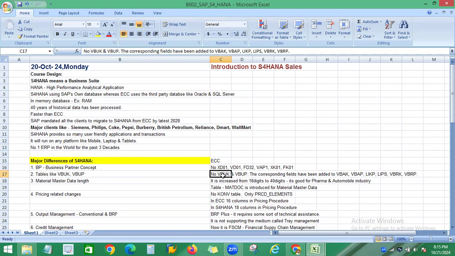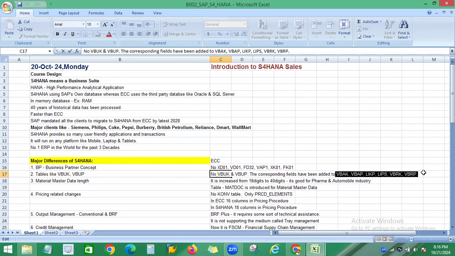Now in SAP S/4HANA, the information of these tables VBUK and VBUP is added into other SAP tables like VBAK, VBAP, LIKP, LIPS, VBRK, VBRP. Guys, I will explain these tables in more detail while learning the sales document.